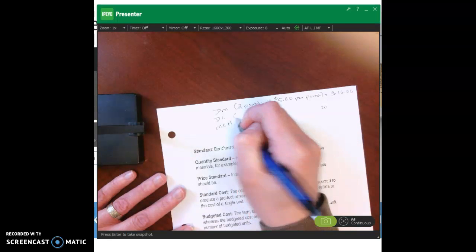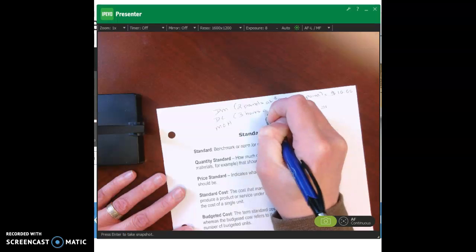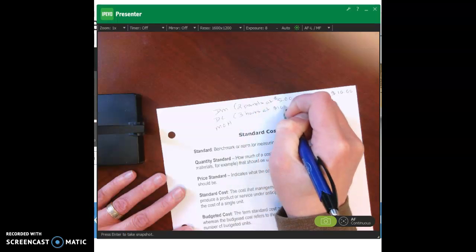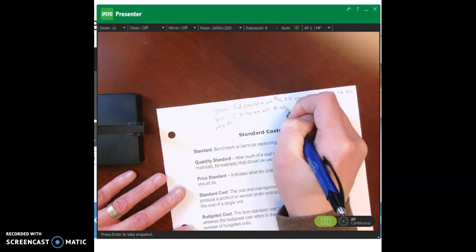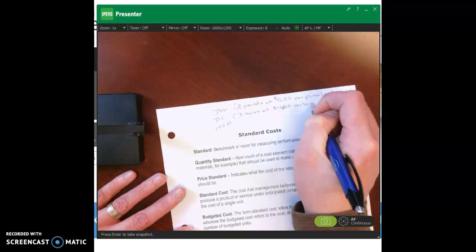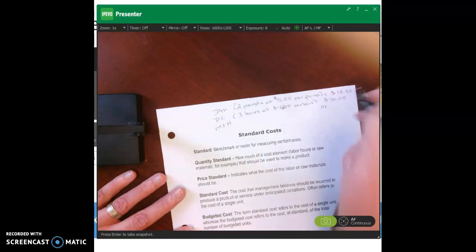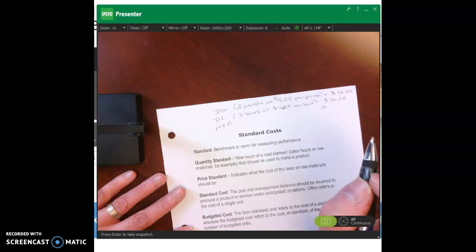Then what I can say is that each unit requires 3 hours at $10 per hour, which means that we have $30 of labor cost per unit.